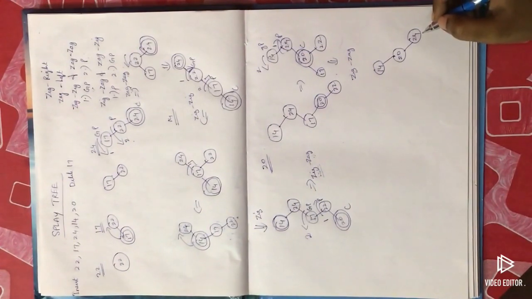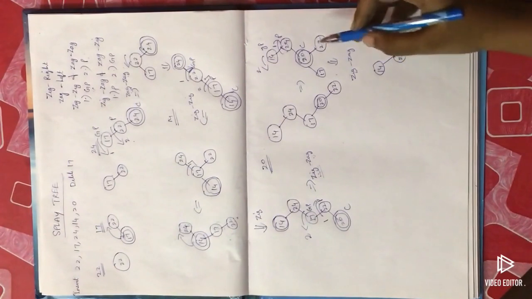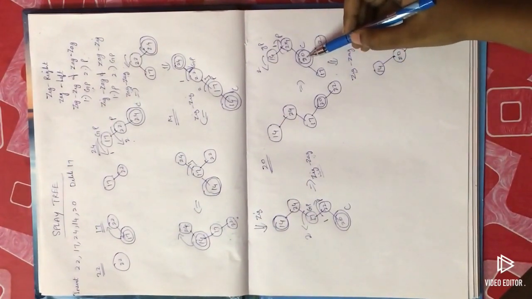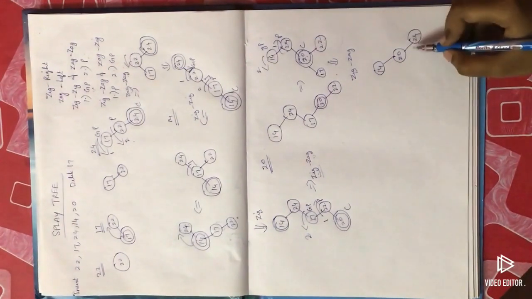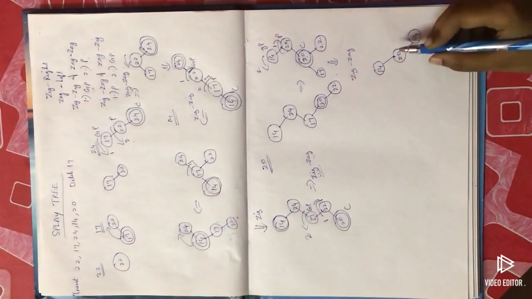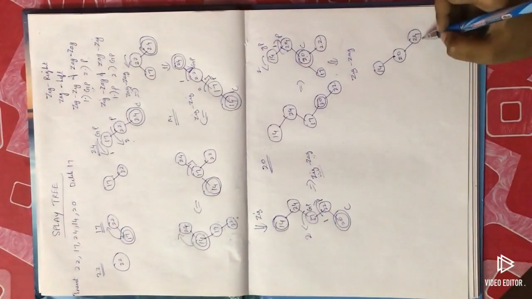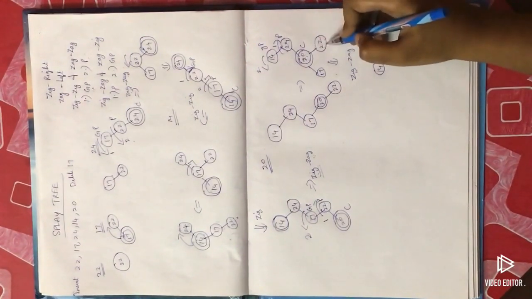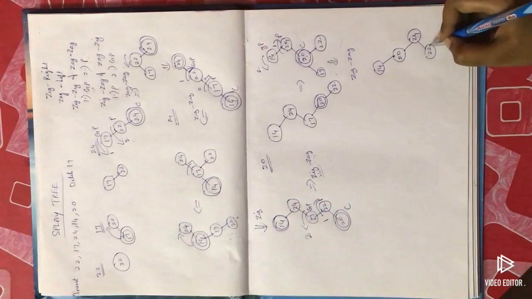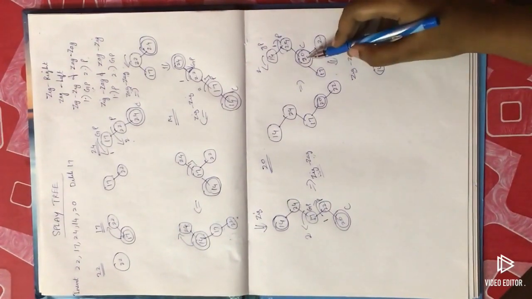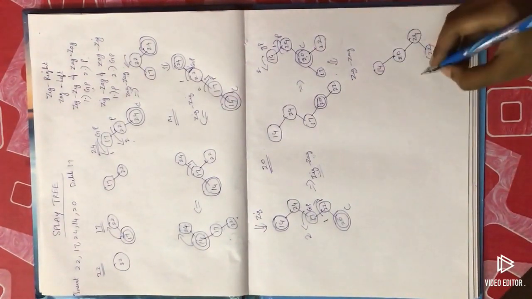And again we have to compare with this element 20. At the right of 20, what is there? 22. So you have to compare this 24 and 22. 22 will come at the right side of 20. At the right side of 20, 24 is already here. So 22 will come here. So at the right side of 20, 17 is here.